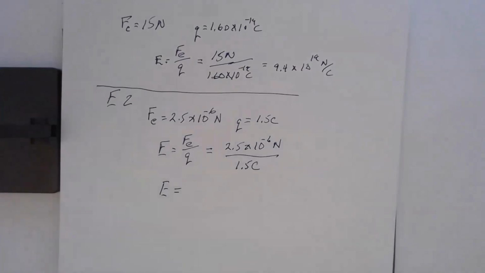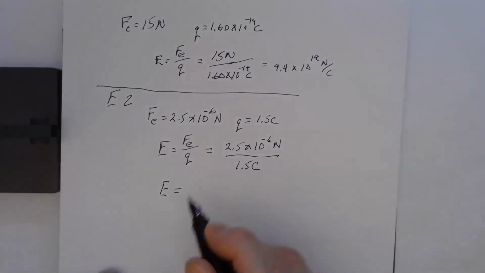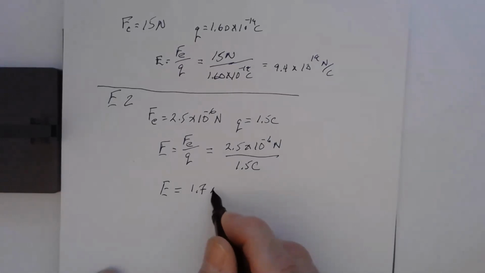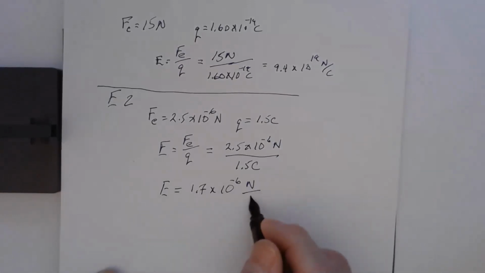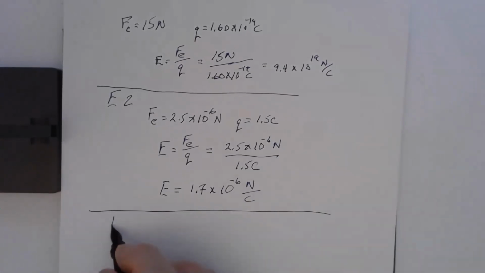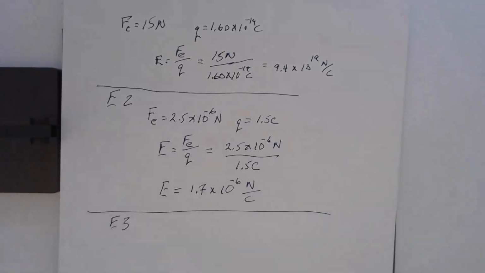So the field at this point, and you should try it yourself, 2.5 e negative 6 divided by 1.5, and I end up with 1.7 times 10 to the negative 6 newtons per coulomb. So you could see that this is a fairly simple calculation. Let me go back.